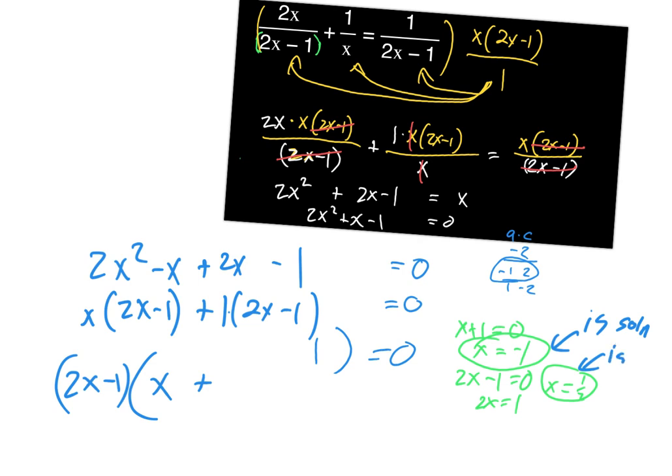This one is not a solution. So yes, we can do all of this work, and this was a lot of work, and get answers and go, yes, I got answers, and still one of the answers doesn't work in the original equation.